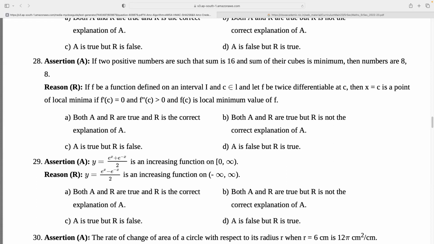Sir, if the condition was maximum, then it would have been 8, I think. Sum of their cubes is maximum, okay? No, no. Okay, sir, minimum.